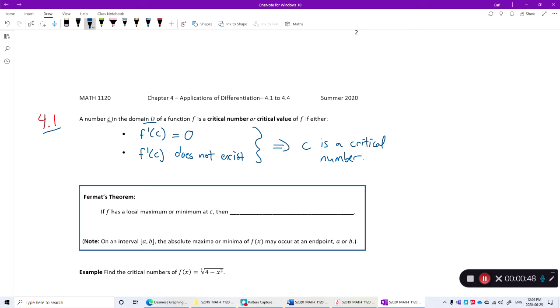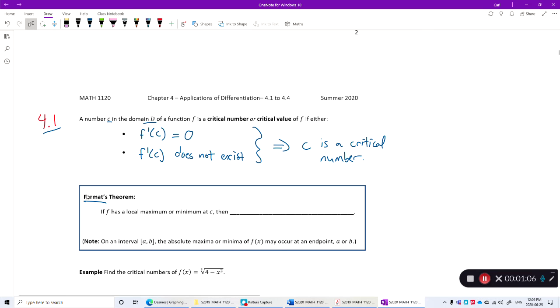Basically those are the places where a local max or local min might occur. It doesn't necessarily occur there, but they're the only places where a local max or min could occur. So that's called Fermat's theorem.